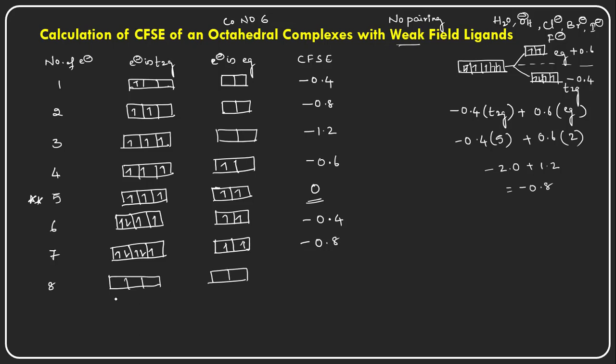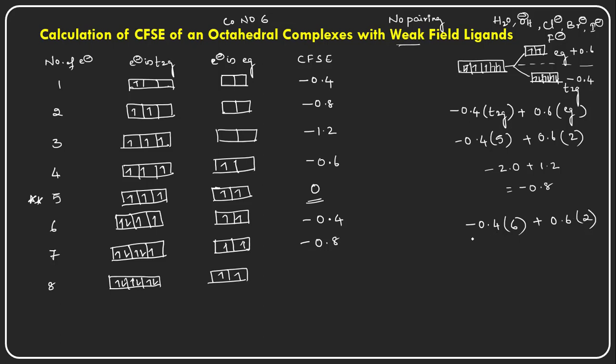Now where will the eighth electron enter? Obviously in the T2g orbital only, so that all the electrons are paired in the T2g orbital, and in the Eg orbital there are 2 electrons present. So what will be the crystal field stabilization energy value? Let us calculate now. Minus 0.4 into 6 electrons, because all the electrons are paired in the T2g, plus 0.6 into 2 electrons.